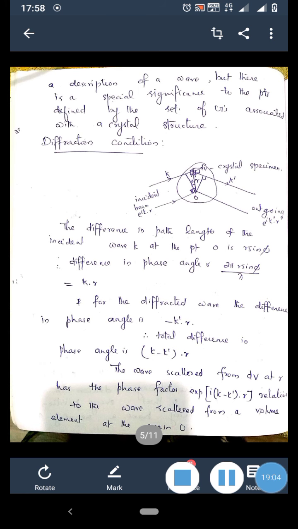Suppose you examine the incident beam and outgoing beam with respect to the reference point O. The extra path traveled by the beam when it passes through the volume element is r sin phi.